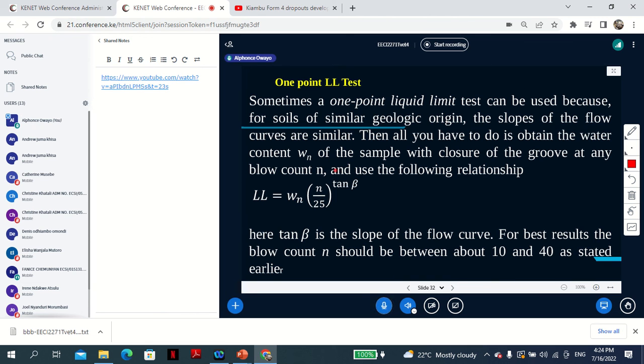Now there is what you call the one point LL test. As engineers, we are always interested, because for example you have a project in Turkana, or somewhere in Western, and you are consulting in Nairobi. When you go to the field, you need the results pretty fast, because when you keep staff in the field or at the coast, you are paying for hotels and all these things.